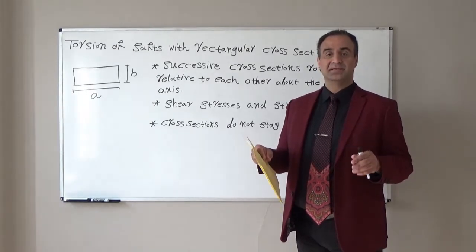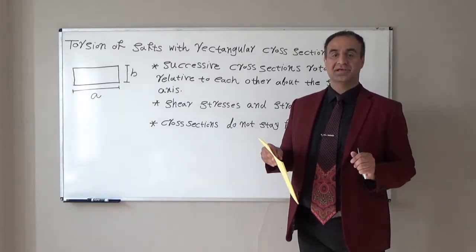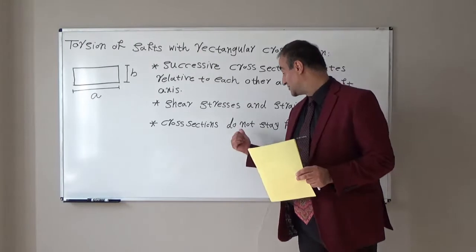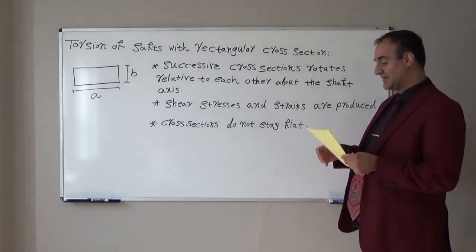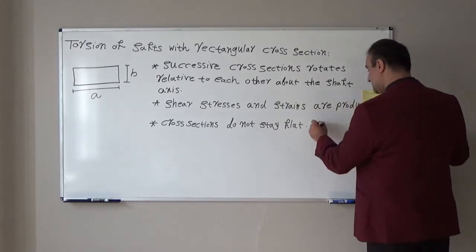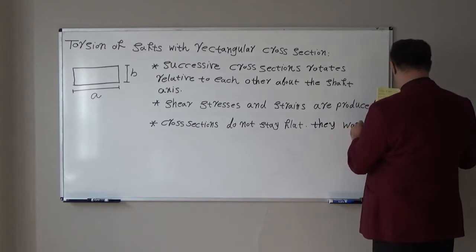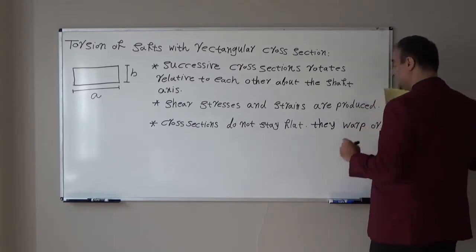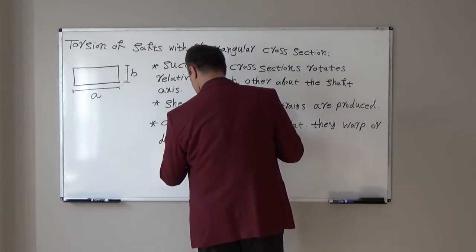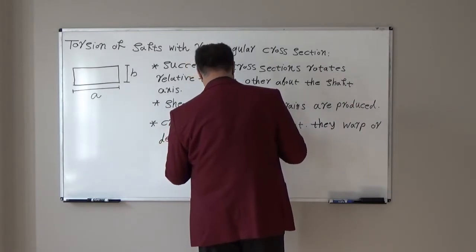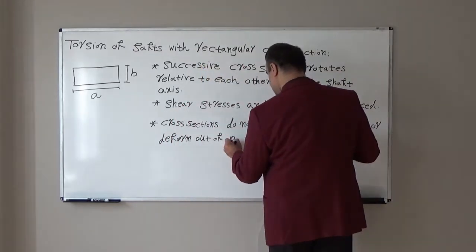They remained again flat and plane and perpendicular to the shaft. Here, cross sections do not stay flat. Pay attention, do not stay flat. They warp or deform out of plane.